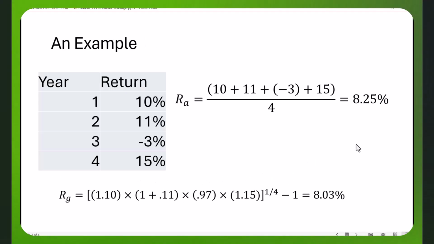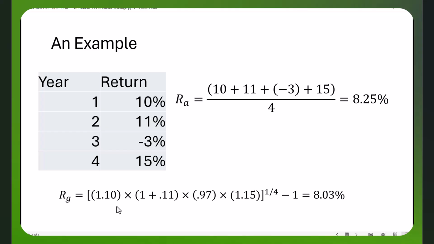So let's take a look at an example. We have these returns: 10, 11, minus 3, and 15%. If we want the arithmetic average, we just add them all up and divide by 4, and we get 8.25%. If we want the geometric average, we're going to add 1 to each one of these.